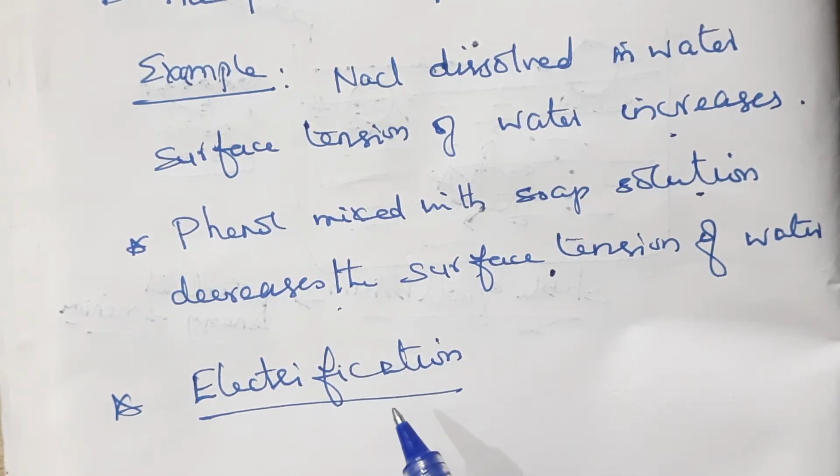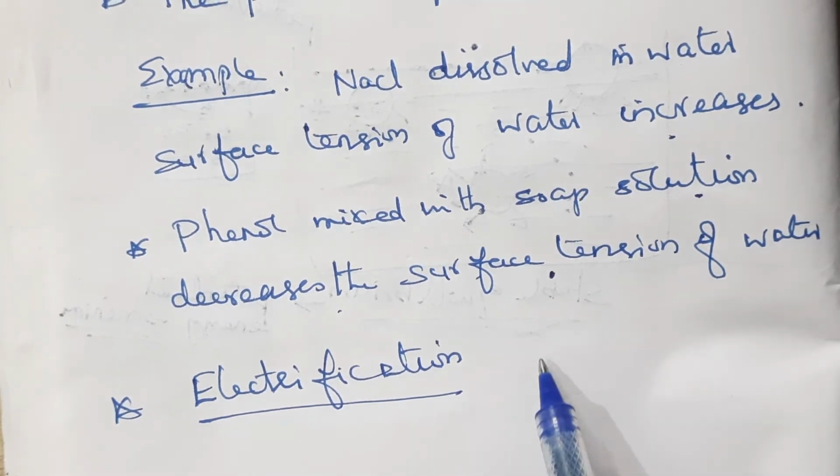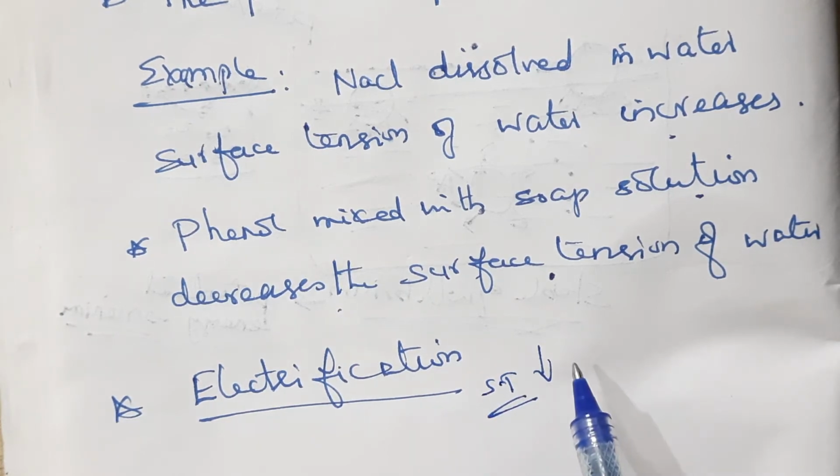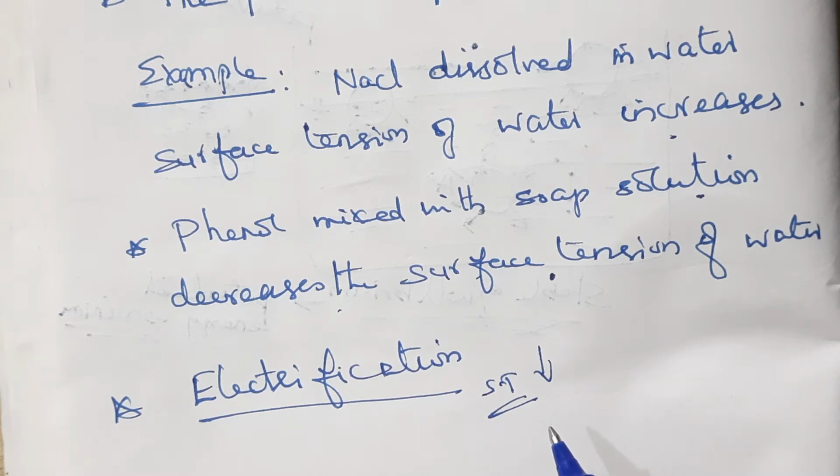Electrification in the sense, when the liquid is electrified, the surface tension decreases. Okay, when the liquid is electrified, surface tension decreases because the force acting on the liquid surface increases the area of the liquid surface, which acts against the contraction phenomenon of surface tension, hence it decreases.